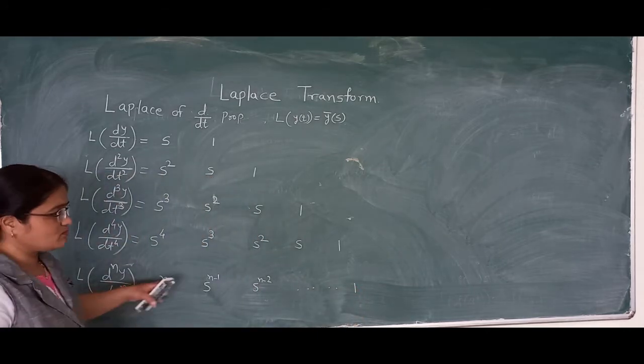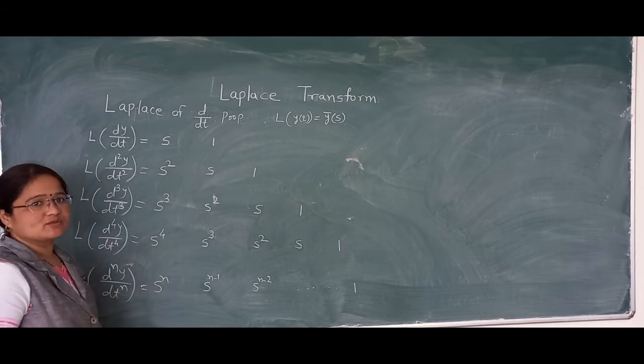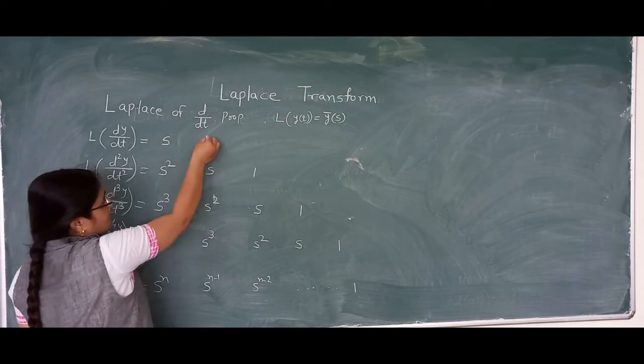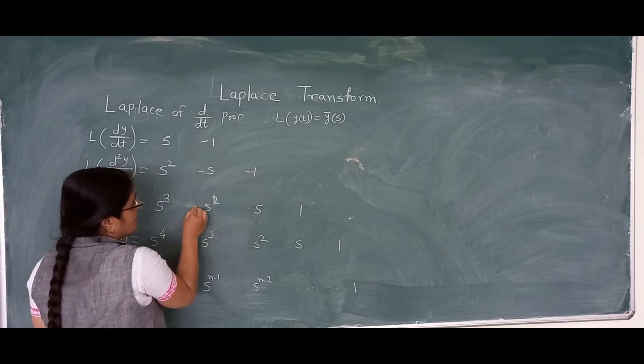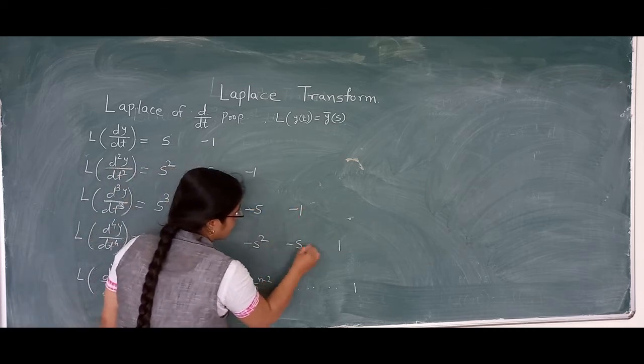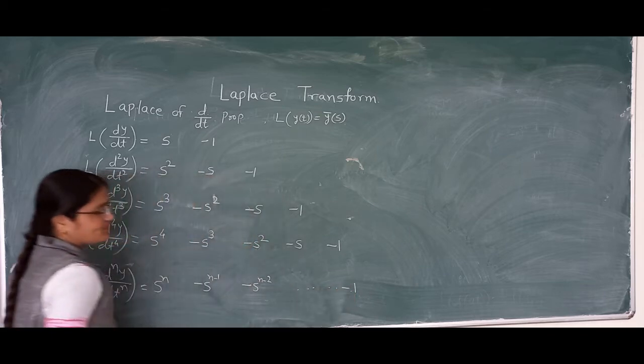We have to write these polynomials. Okay? And what about the coefficients? Always the first term is positive, and all the remaining terms are negative. So give a negative sign to all the terms.